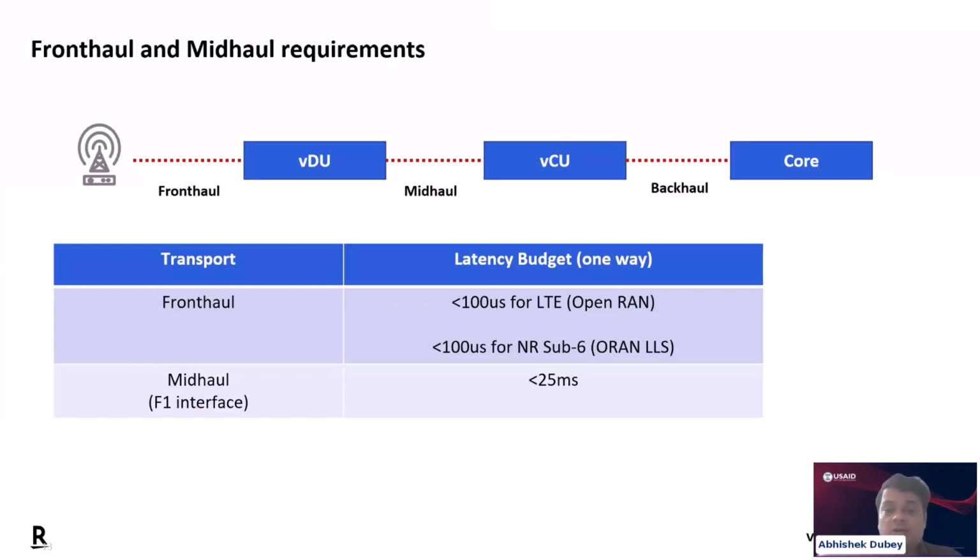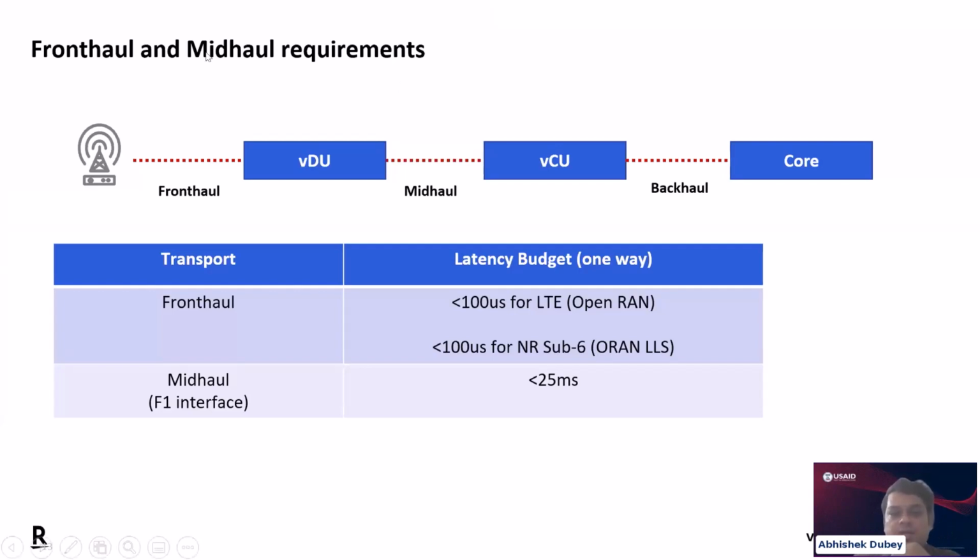All of that contributes to this distance. Roughly, in normal circumstances, you can achieve 100 kilometers in the mid haul. So you can put the vDU and a vCU 100 kilometers away.